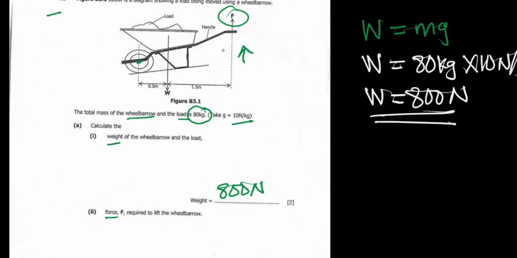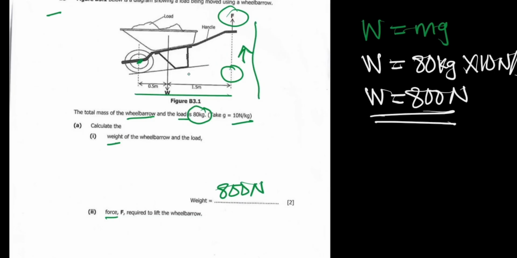The distance between the pivot and the region where the force is being applied is perpendicular to the direction of the force itself. So this distance is perpendicular to the force applied.